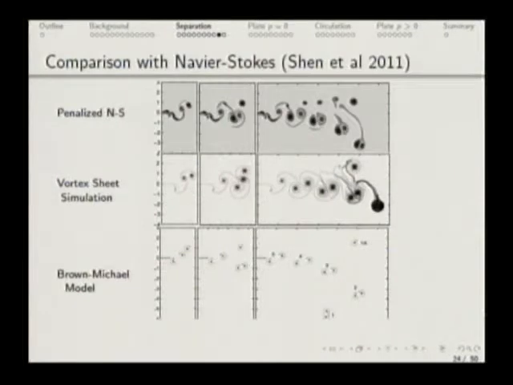Okay, so now I want to compare this vortex sheet simulation with the viscous simulation of Schneider's group. And Ava likes to work with the Brown-Michael model, so we're comparing this even simpler model of just shedding point vortices with the viscous ones.